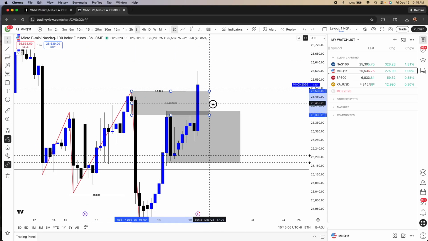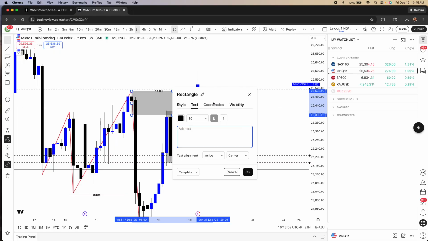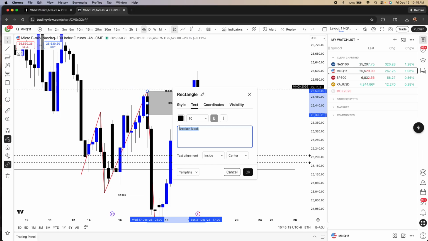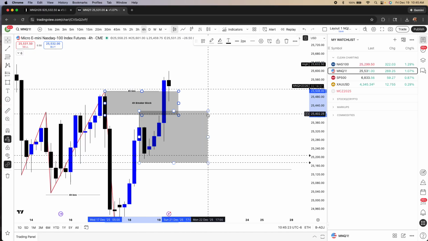So this for me creates a breaker block on the 4 hour time frame. So you can see this 4 hour breaker block has been formed, and now we are reacting out of it.